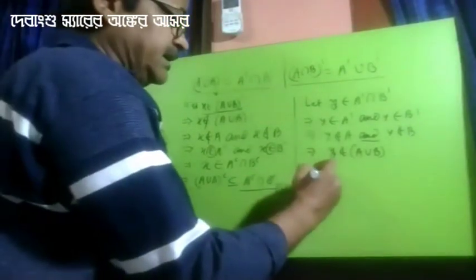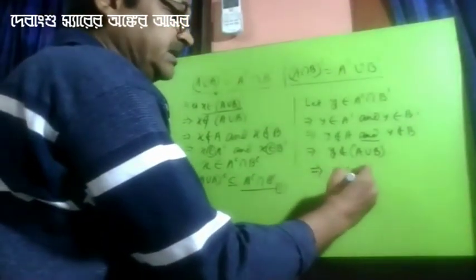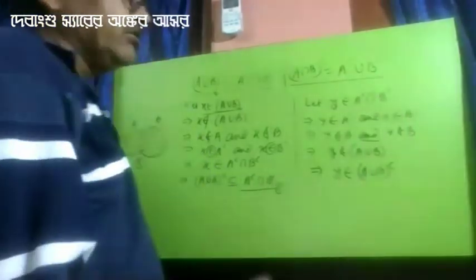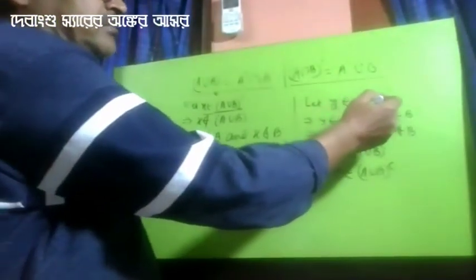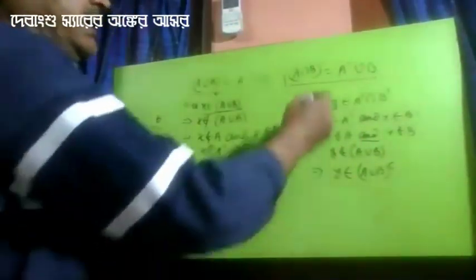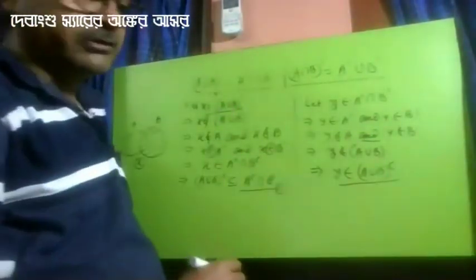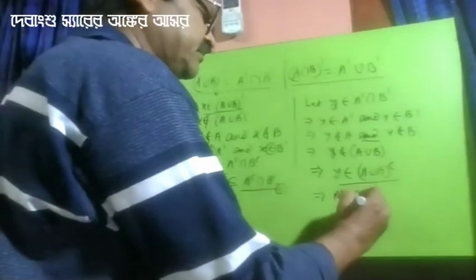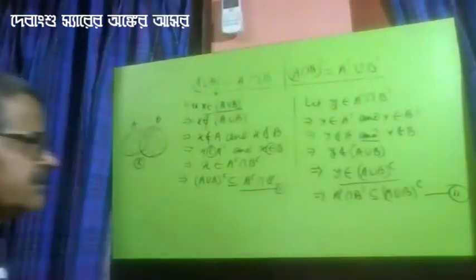That implies Y belongs to A union B complement. Now we consider an element from A complement intersection B complement, and by logic we prove that it is an element of A union B complement also. That implies A complement intersection B complement is a subset of A union B complement. This is our number 2, and this is our number 1.